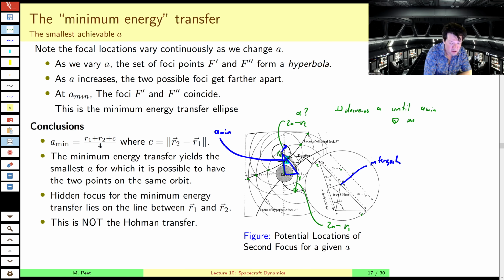So this distance along this length must be 2a minus R2. And this distance here lies on the circle about R1, so it must be 2a minus R1. So circle 1, circle 2.